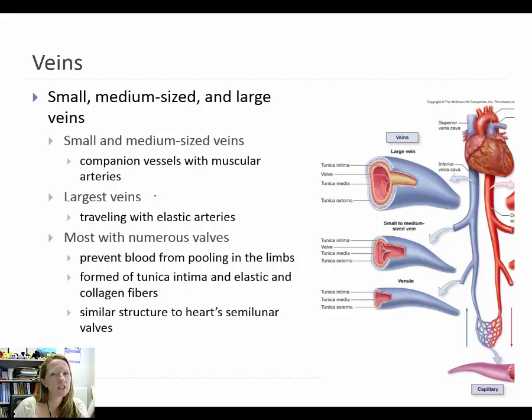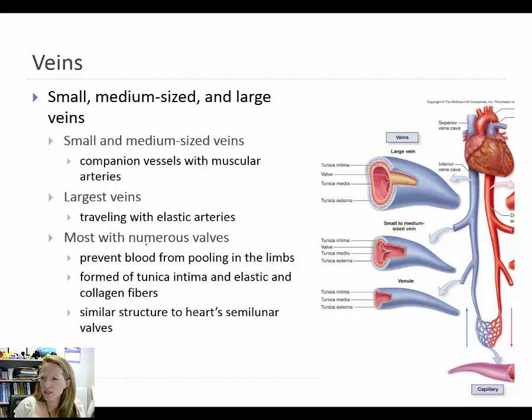Not all vessels have companions, though. If you think about it, the aorta doesn't have a companion. The vena cava, they don't have companions, so they have a bigger job. They don't need companions, but a lot of them are going to have companions. The largest veins are going to travel with elastic arteries there.